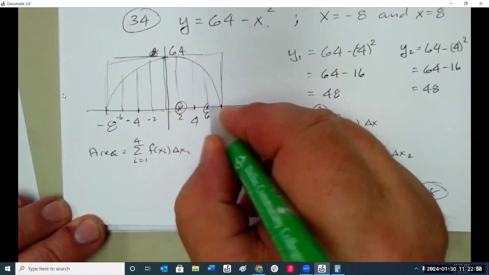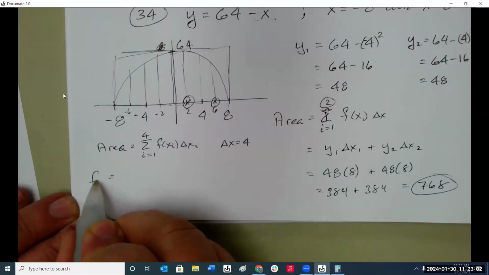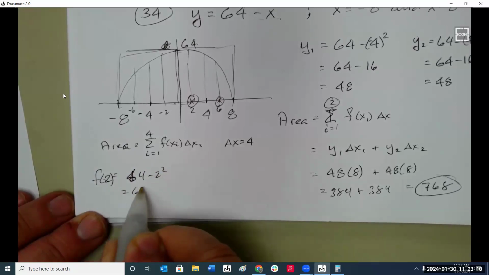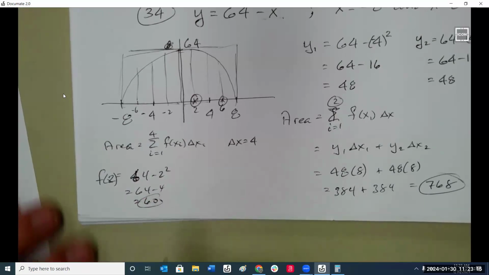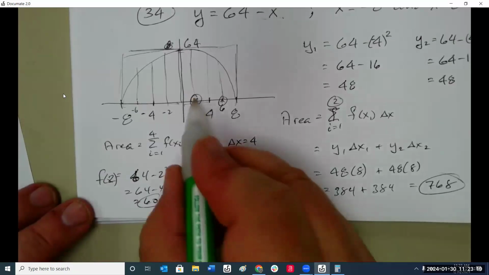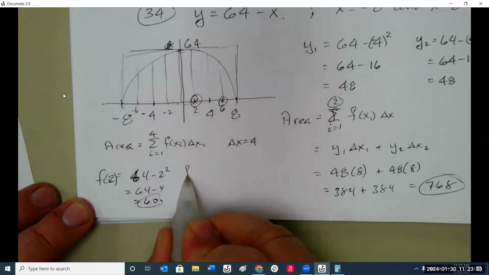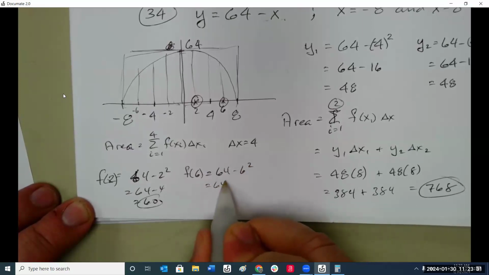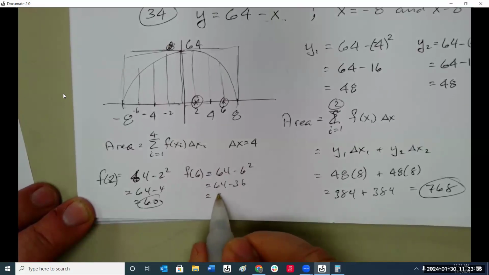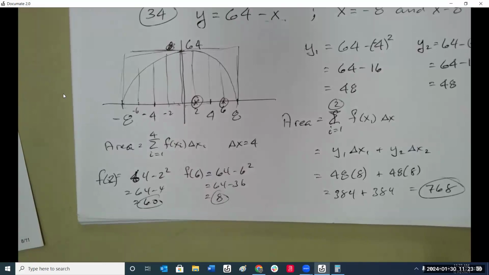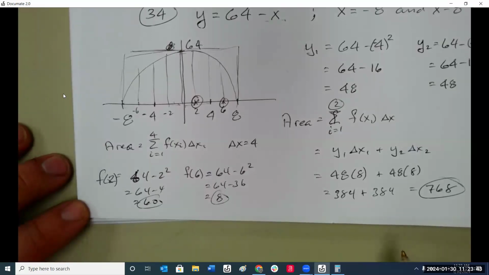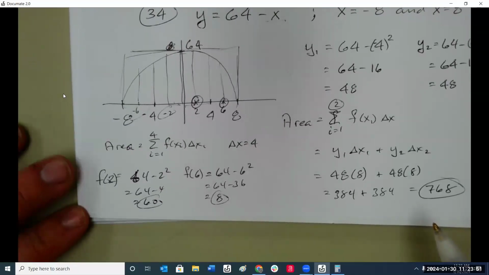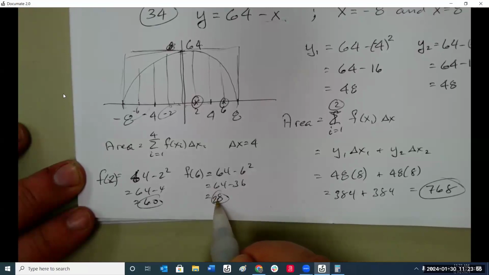So we have to find the f of x's at those. f of 2 is 64 minus 2 squared. 64 minus 4 is 60. f of 6 is 64 minus 6 squared. 64 minus 36 is, oh no, 28.